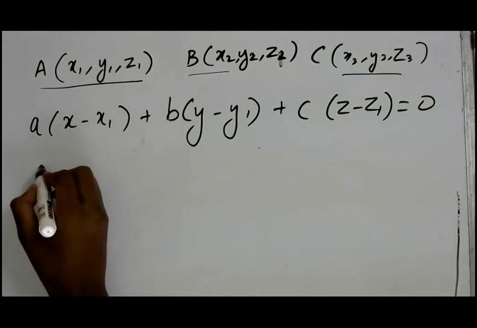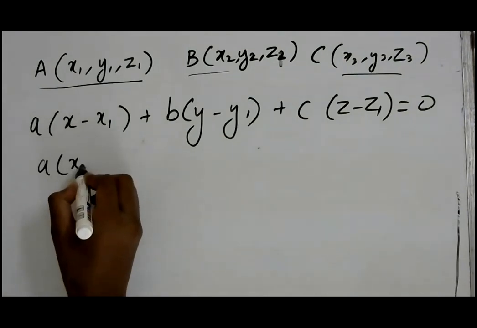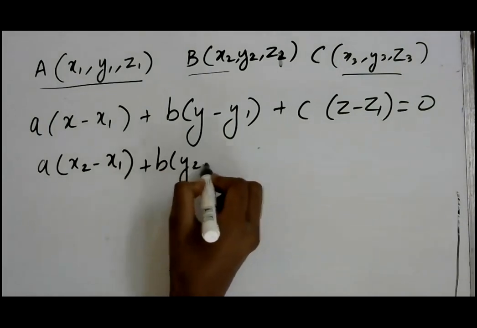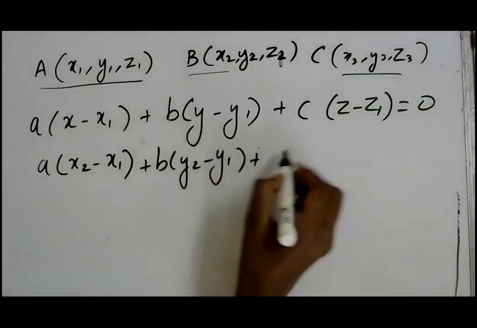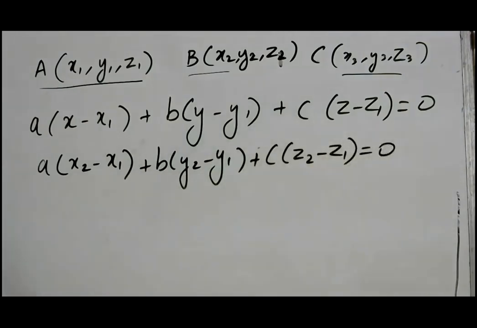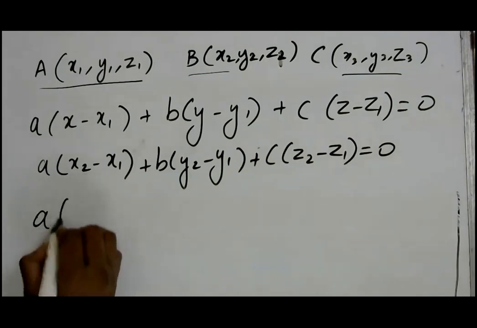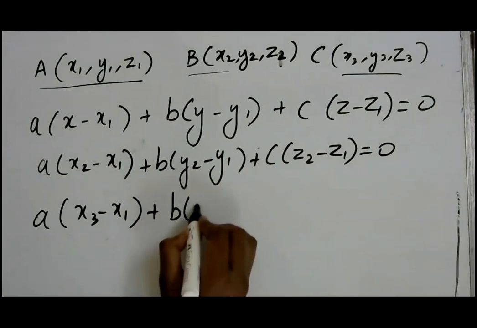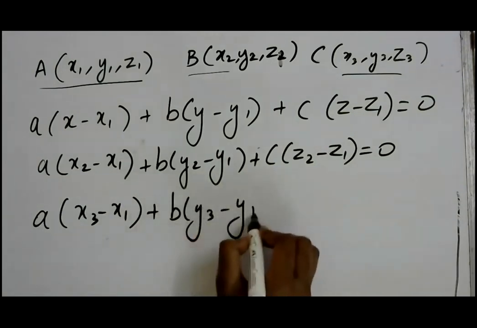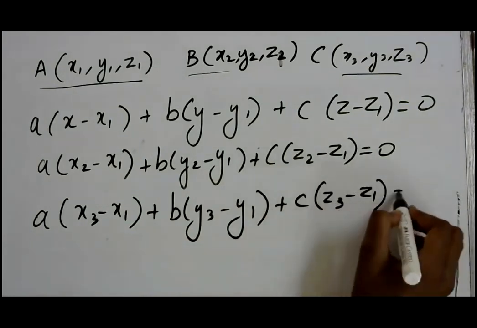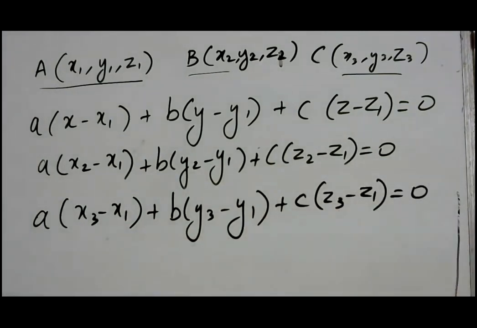So those equations will be A times (x2 minus x1) plus B times (y2 minus y1) plus C times (z2 minus z1) equal to 0. Similarly, we have A times (x3 minus x1) plus B times (y3 minus y1) plus C times (z3 minus z1) equal to 0. So now what we have here is three simultaneous equations.